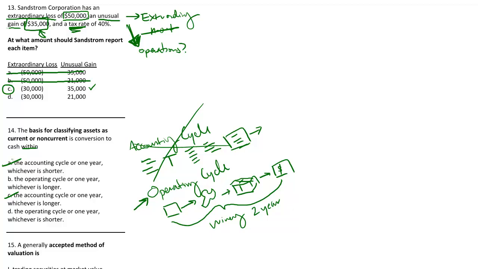So typically speaking, we're going to go with the operating cycle, which is longer than 1 year. Even if we have a short operating cycle, like building iPods, the iPod only takes a couple weeks from one end to the other. We're not going to report every couple weeks, and we're not going to classify assets based on the weeks of the assets. So it makes a lot more sense to cross out D and focus on B as the correct answer.